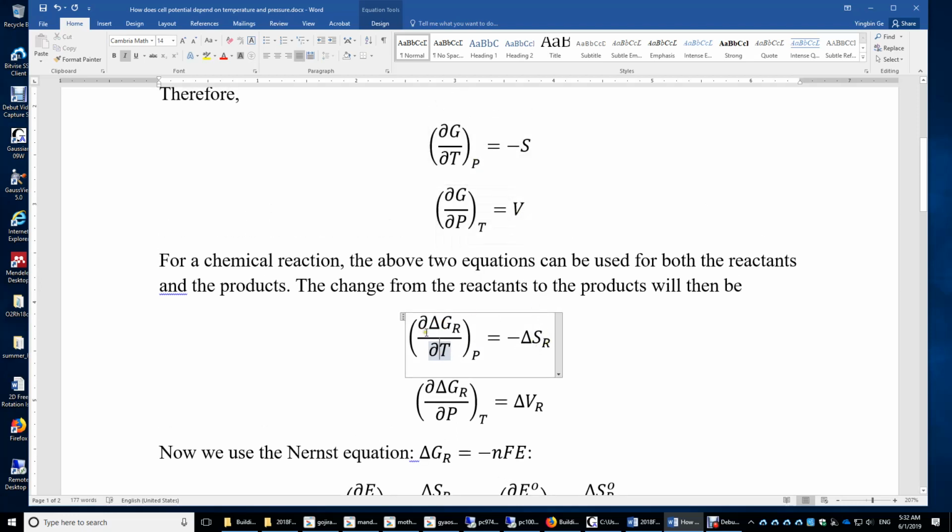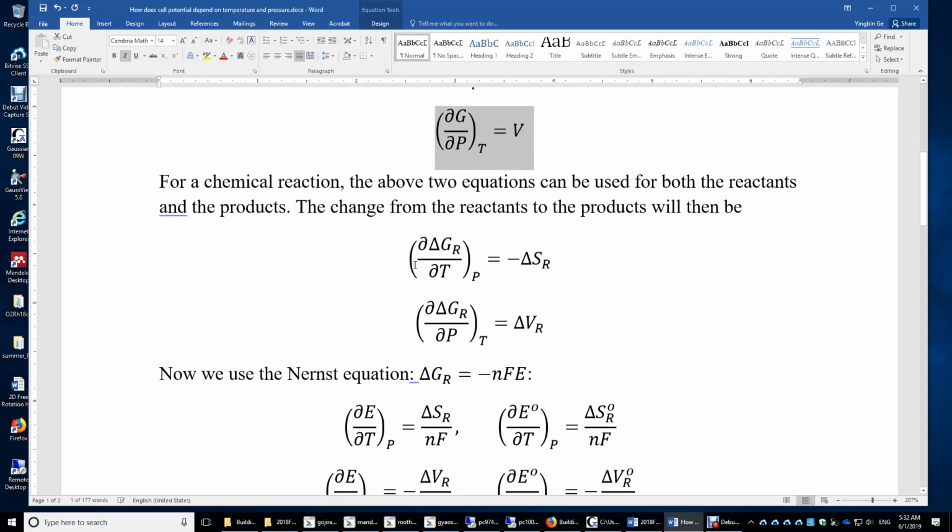So we go from here to here. And similarly, we go from here to here. And in this equation, again, we simply take the difference between the two equations for the reactants and also for the products.